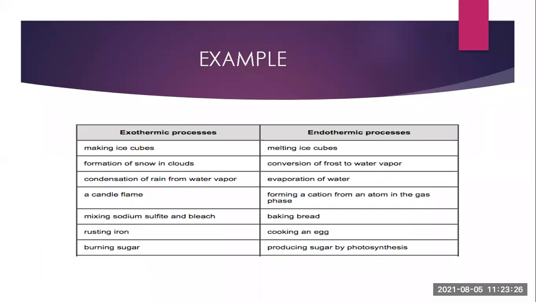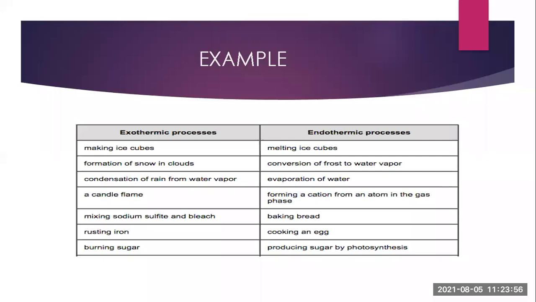Then formation of snow in the cloud is also an exothermic process, whereas in endothermic processes, conversion of frost to water vapor is an example. Then condensation of rain from water vapor is an exothermic process, whereas evaporation of water is endothermic. Why is the water evaporated?